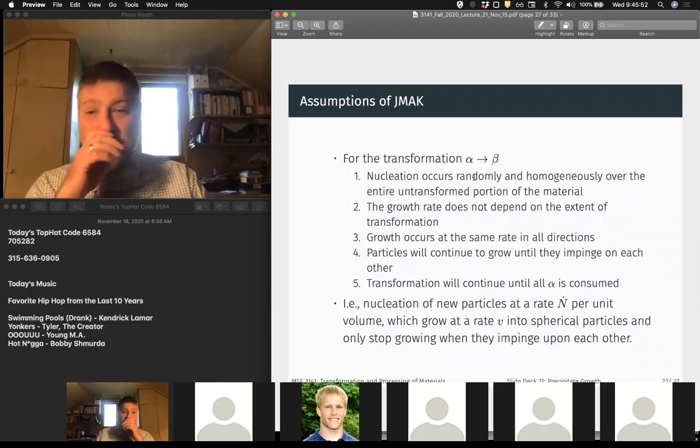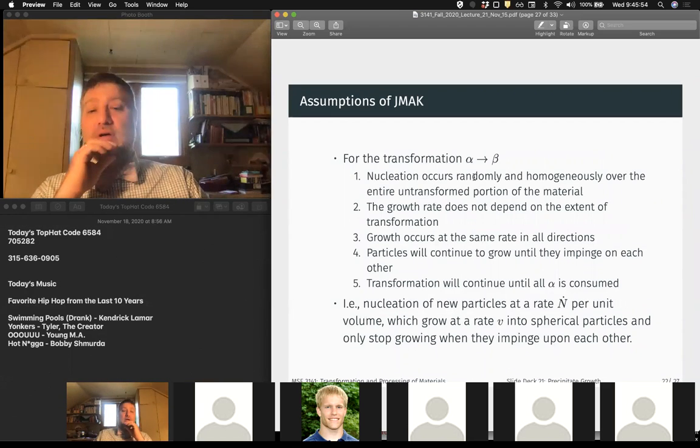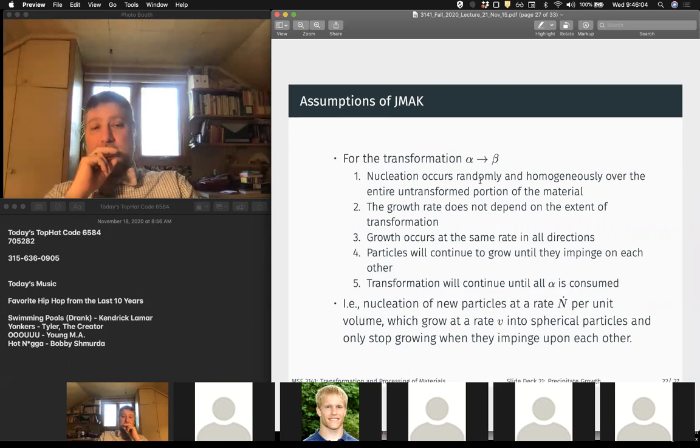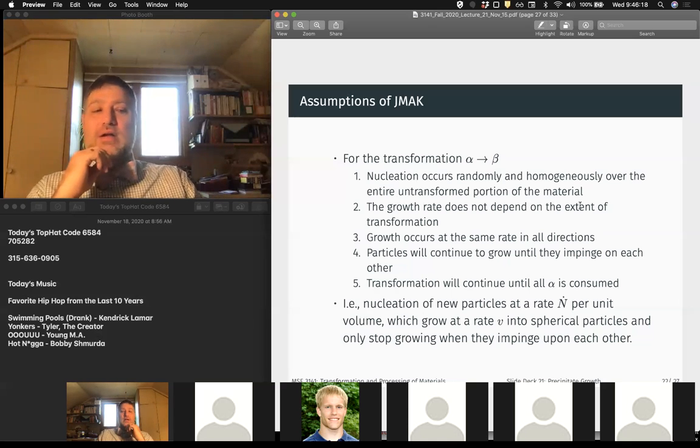So what are the assumptions in JMAK theory? First, we assume we have a transformation alpha to beta, and that the nucleation occurs randomly and homogeneously over the entire untransformed portion of the material with time. So that means the nucleation rate has to be proportional to the amount of alpha we have left.